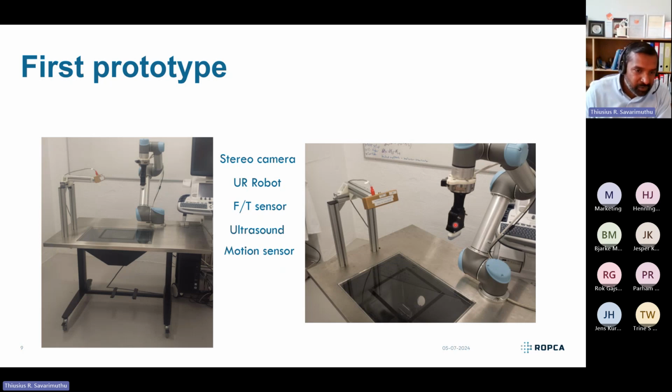When this part moved down here to scan the hand, it would block a large part of the stereo camera view of the hand, and that would make the vision pipeline tracking of the joints more or less unusable. And that's why we had the tracking system underneath the table to compensate for that.